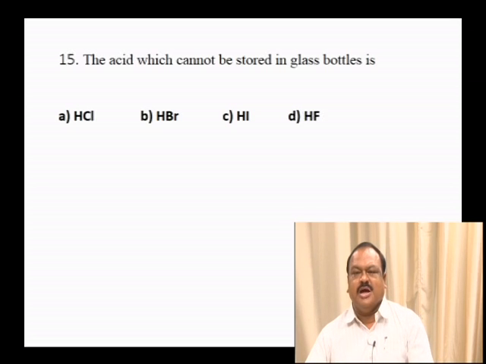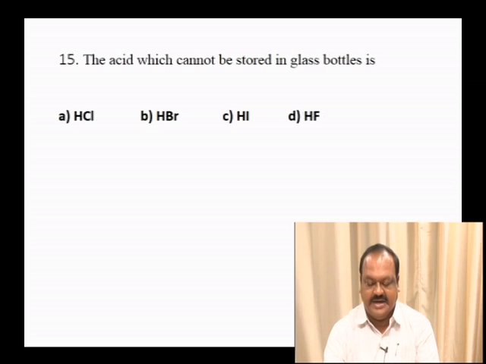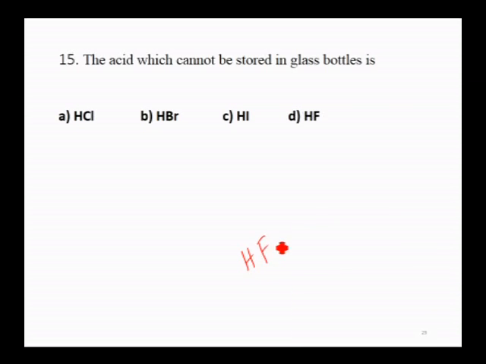Students, as we observed in the regular classes in the laboratories, HCl, HBr, HI are stored in the bottles, but HF, hydrofluoric acid, cannot be stored in glass bottles because HF reacts with silicon dioxide, that is glass, forming H2SiF6, called fluorosilicic acid.